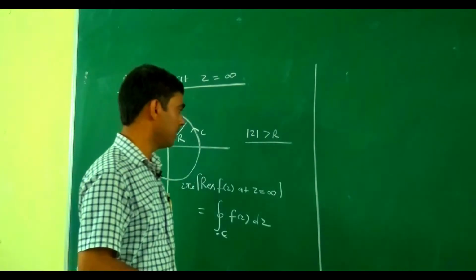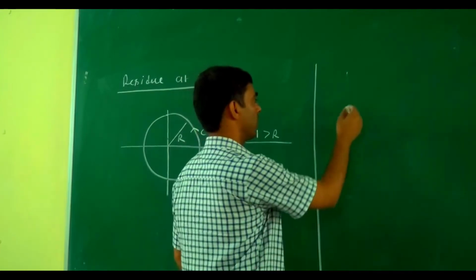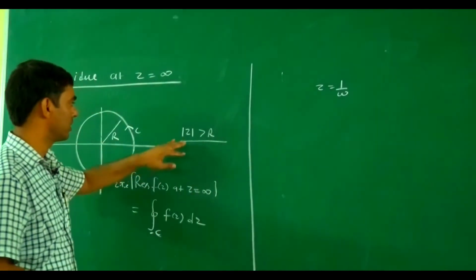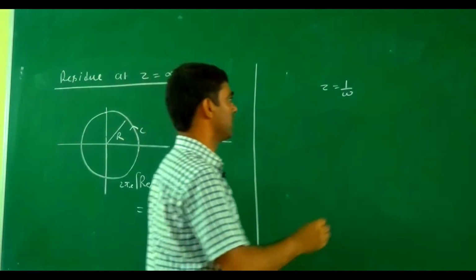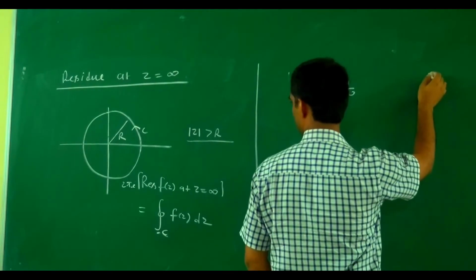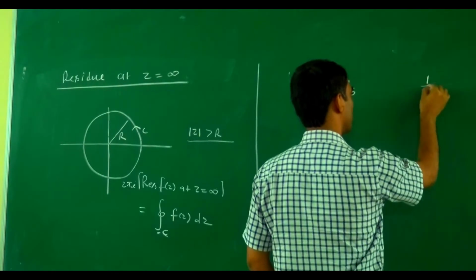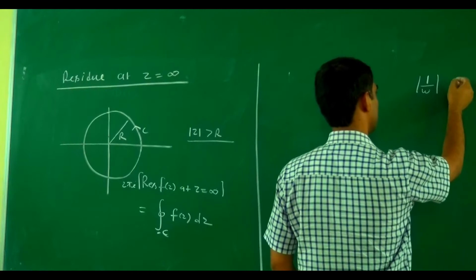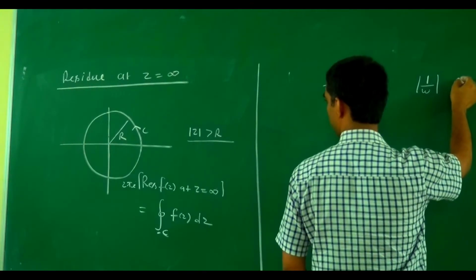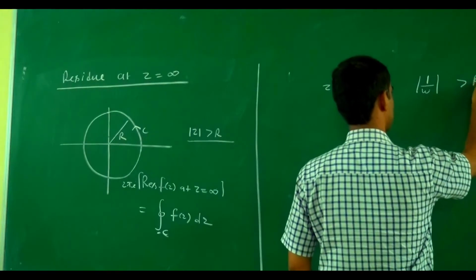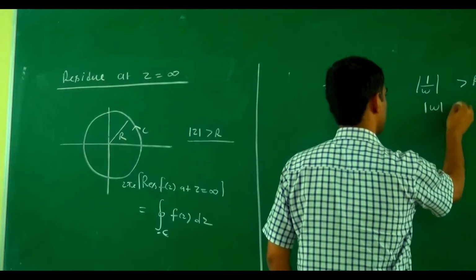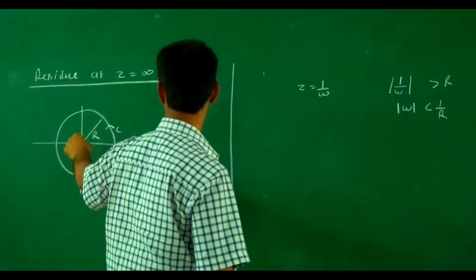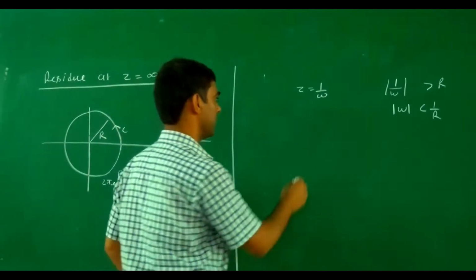So how do we define this? If we write z equal 1 upon w, then mod of 1 upon w is greater than R, so mod w is less than 1 upon R. Inside this region, except where w equal 0, the function is analytic.